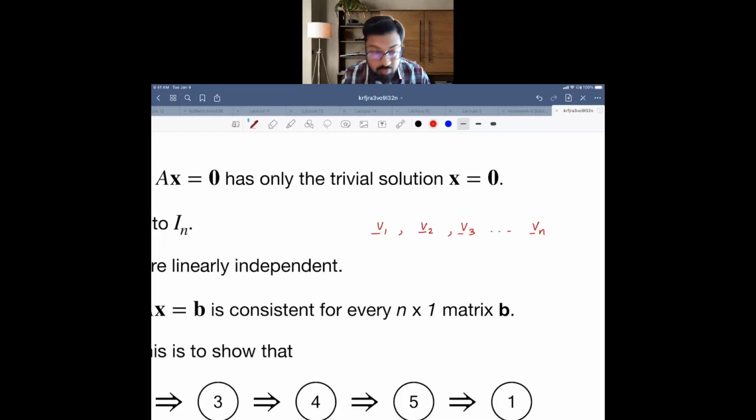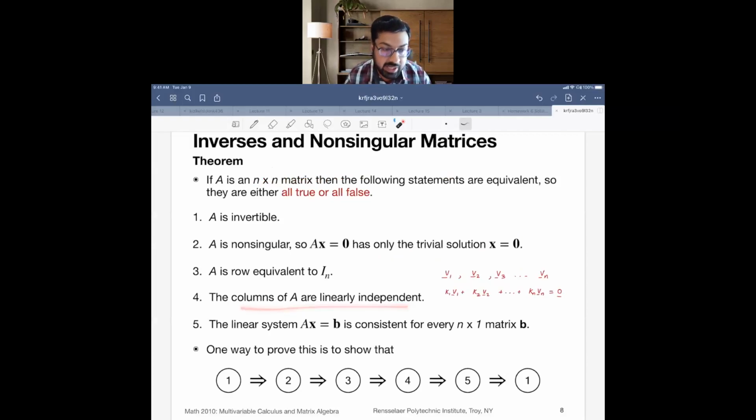Then you form the vector equation: K1 V1 plus K2 V2 plus and so on up to Kn Vn equals 0. That vector equation will only be satisfied when all the K's are 0. In other words, each column in A, represented by a vector, is going to be linearly independent of the others. So the columns of A are linearly independent.